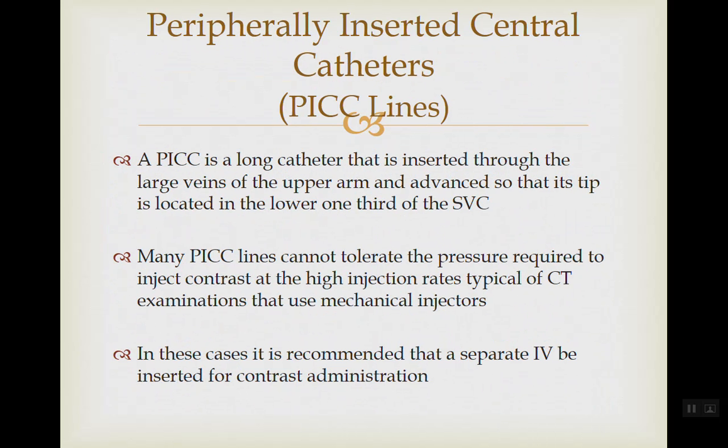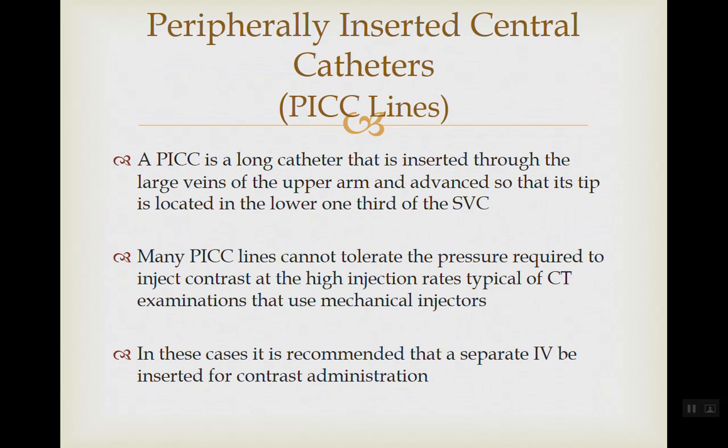PICC lines too, you can have a power PICC or just a regular PICC. So you want to make sure if you're going to power inject through it that it's a power PICC. That means that it's designed to withstand at least 300 psi of pressure. You don't want to ever power inject through a catheter that's not designed for power injection, because the end of it could tear off, or a piece of it could tear and get in the patient.